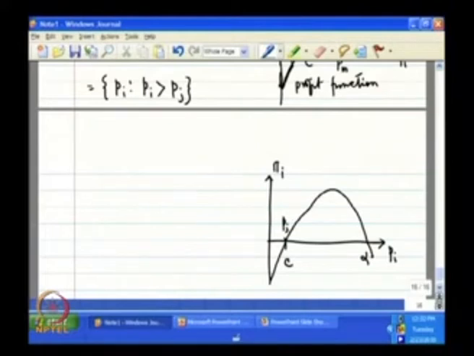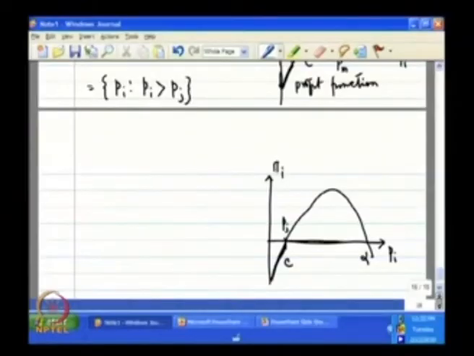Now if the price is just equal to C, then if I charge a price less than C, that is Pi is less than C, then I get the market, but then this part of the curve becomes relevant, and I can immediately see that my profit is negative, it is below the horizontal axis. So I should not charge a price which is less than Pj if his price, that is Pj, is just equal to C. What should I charge then?